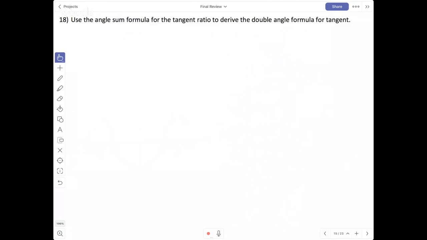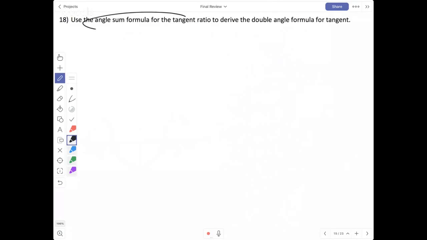This is the problem where I had multiple students who said it was so easy that it seemed like a trick question, because how could a problem ever be that easy? But literally the way you derive the double angle formula for tangent is to take the angle sum formula and plug in the sum of two of the angles.